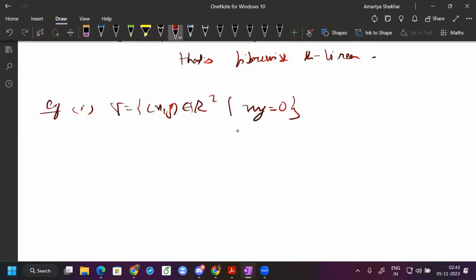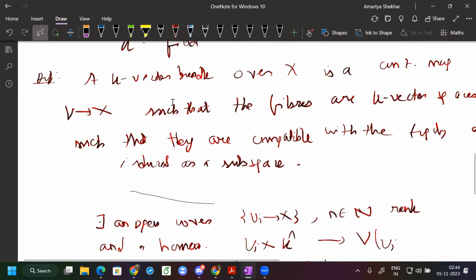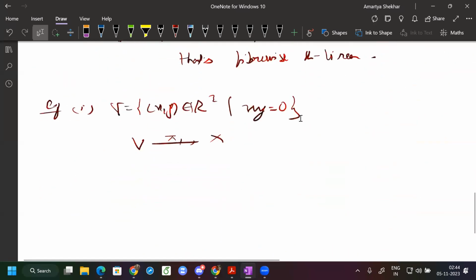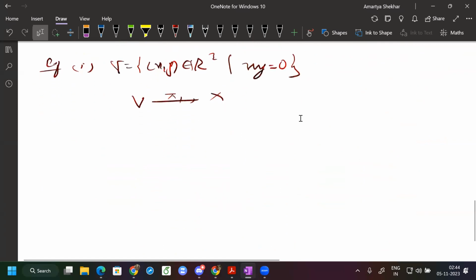Let's look into this and look at the projection, projecting it to the first coordinate. That gives you a family of vector spaces, so it's basically this map. As we saw, this map satisfies the condition that the fibers are vector spaces. We'll see more examples, but first, let's define a few things.